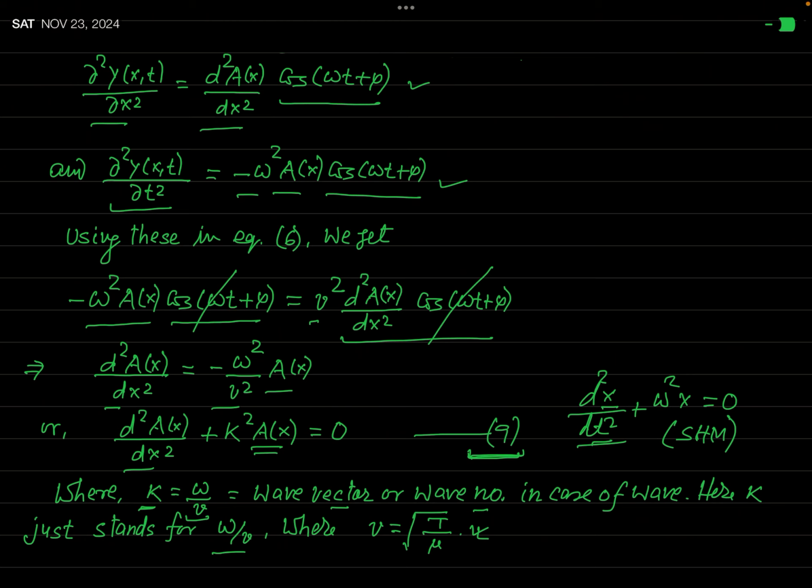And so, on the basis of the idea which we have discussed in the solution of the equation of SHM, now you can easily say what will be the most general solution of this equation 9. You know, the most general solution of the equation of SHM is a linear combination of its sine solution and cosine solution.